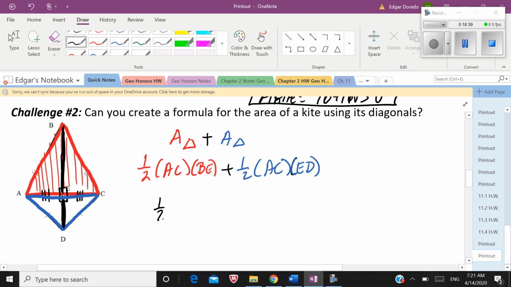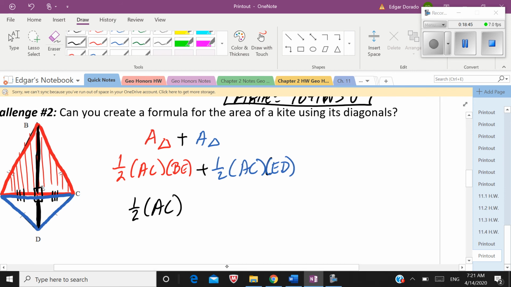1/2 AC. Now, kind of like when we would do factoring, guys, like if I did something like this. Let's say I had that, and I wanted to pull out a factor. Well, they have a 2 in common and an x in common, so what would be left over? 2 plus 3x.